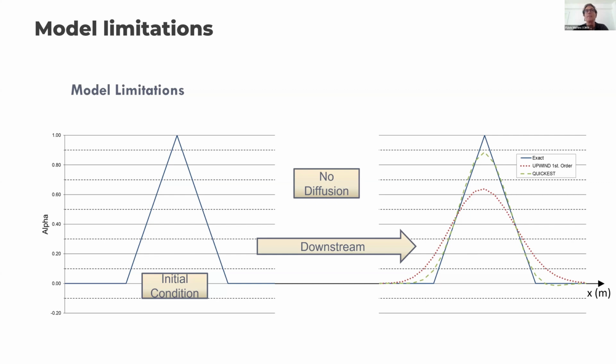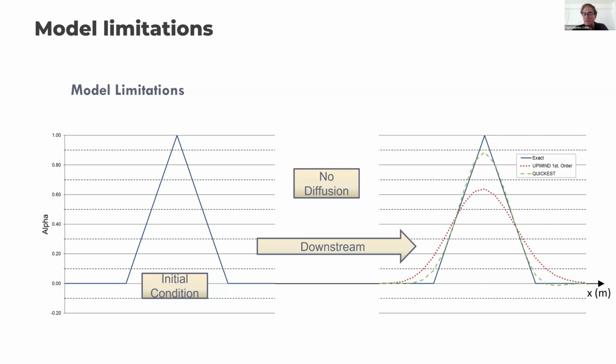If we have a model without any diffusion, due to the numerical nature of the model, we will always have some numerical diffusion. It resembles real diffusion, but it's due to numerical issues, okay?